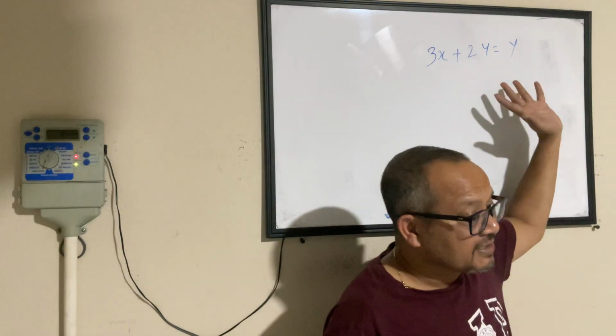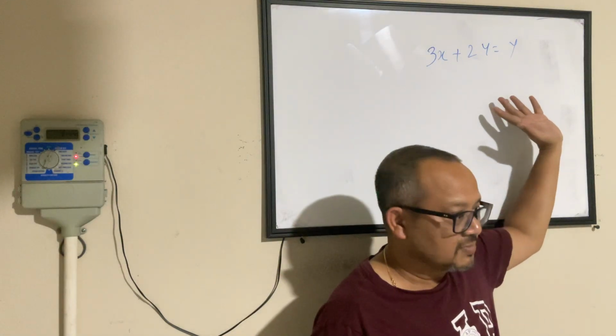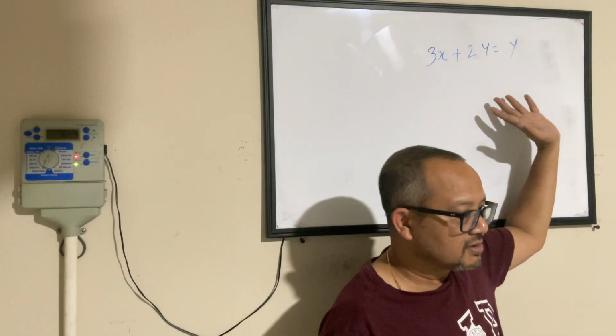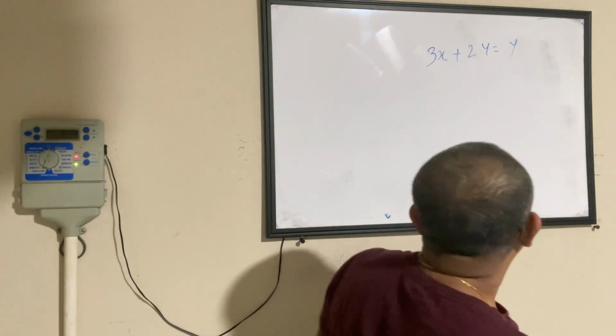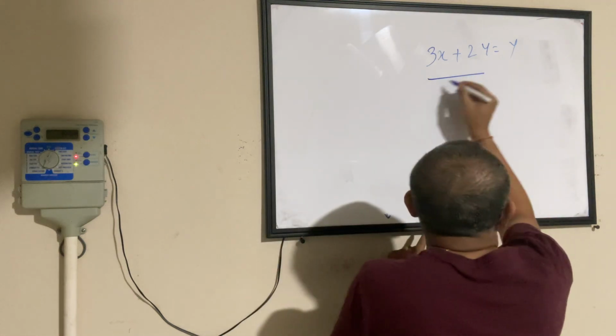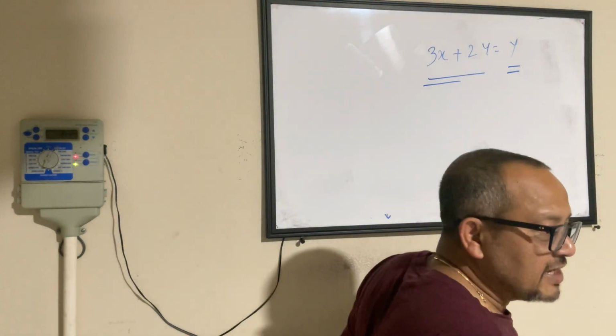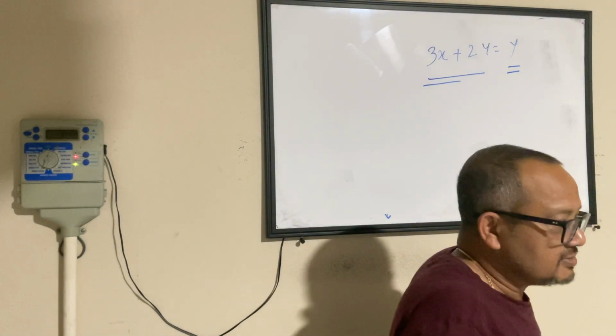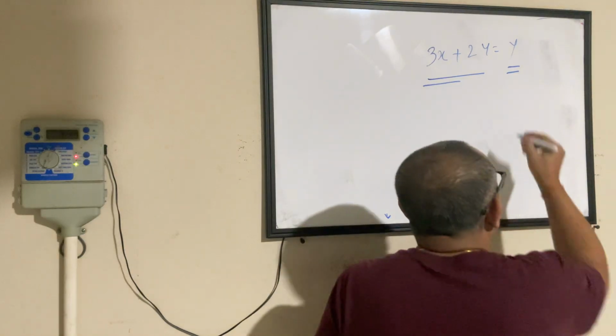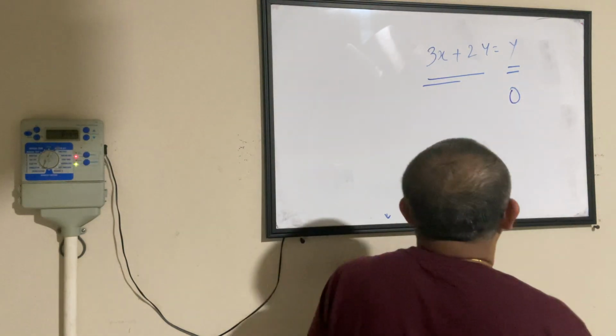Look at this. This is a polynomial. I'm saying 0 value of a polynomial. Here is some value which gives me y as an output.